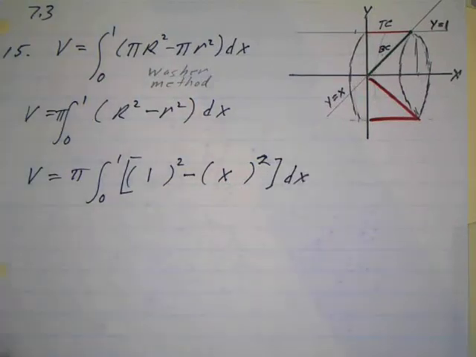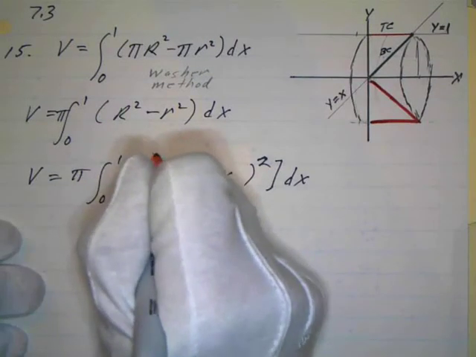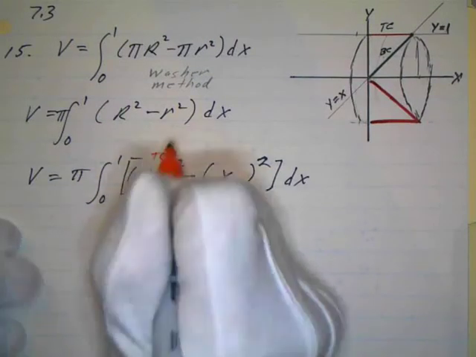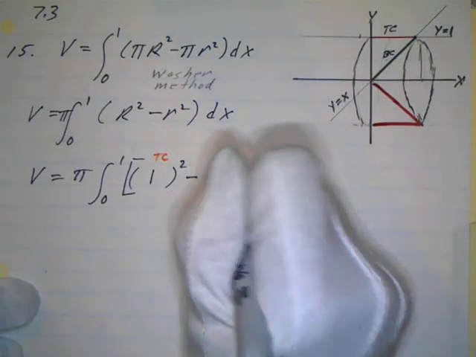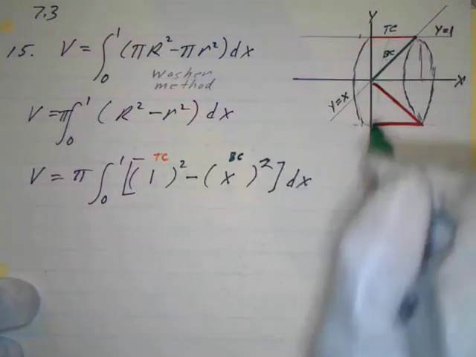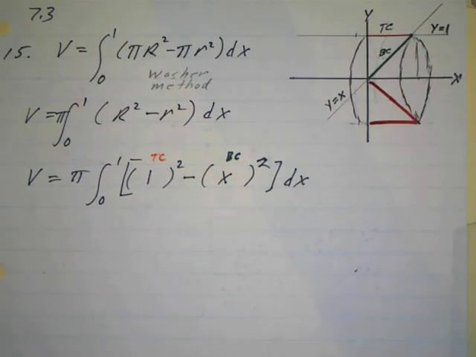So again, this is the top curve, which is the line y equals 1, and the bottom curve was y equals x. That's all there is to it.